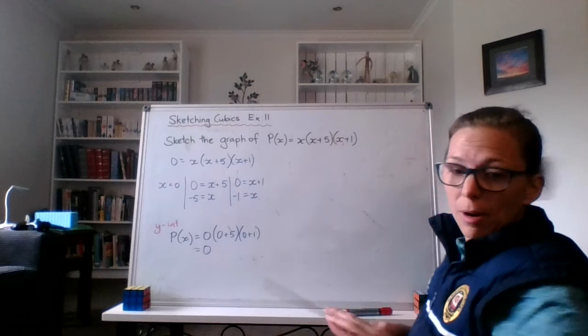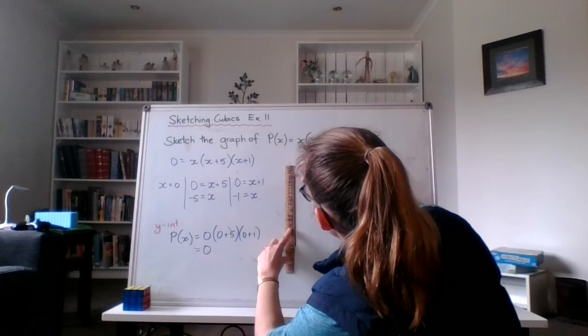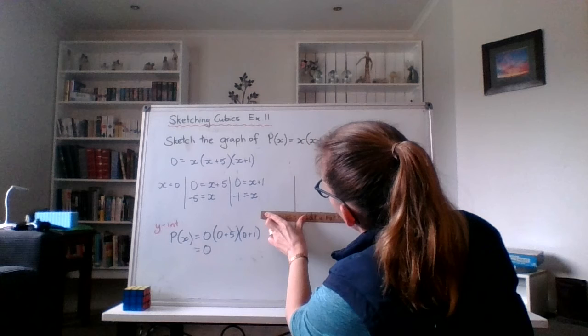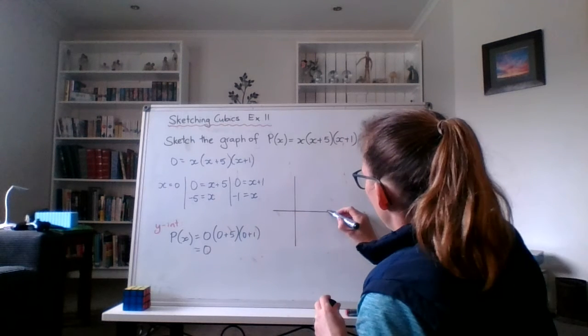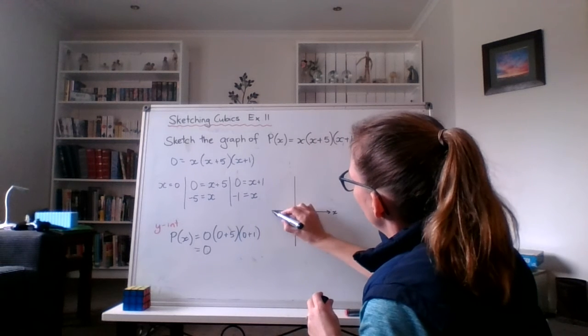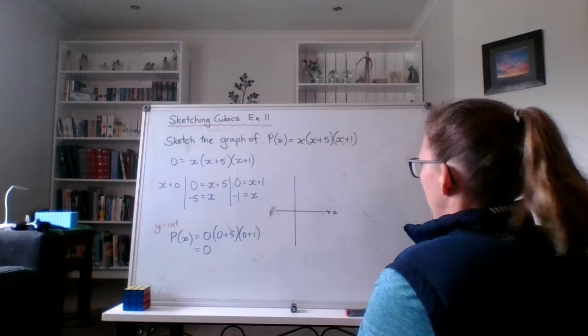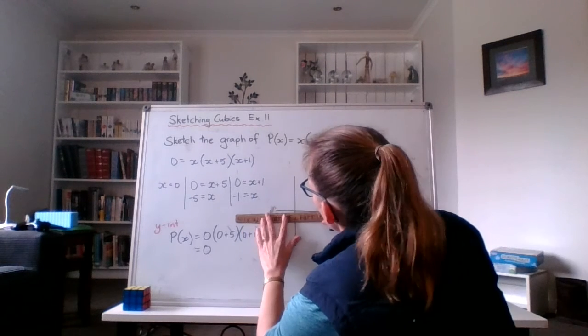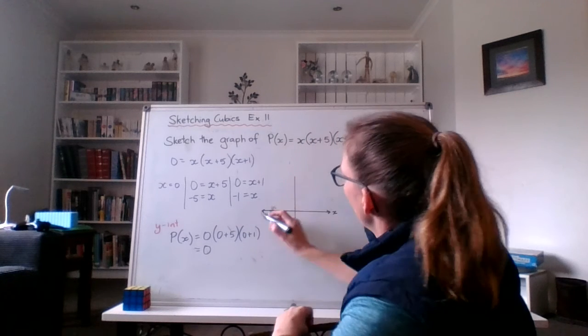So I'll draw up some axes just quickly. So here is my x. Sorry, I probably need a little bit more on that direction. I didn't think that through very well. Here is my x.